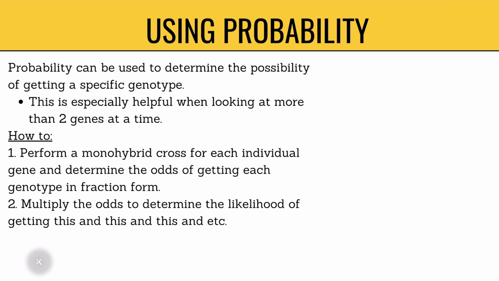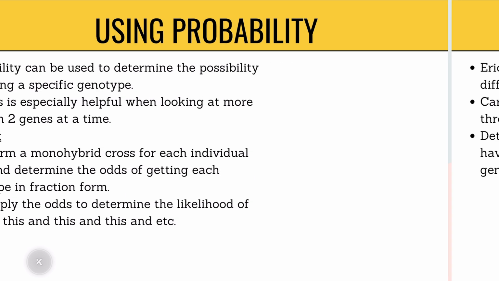So what I can do is perform monohybrid crosses for each individual gene and determine the odds of getting the specific genotype that I'm looking for in fraction form. So 1/4, 1/2, 0 out of 4, 4 out of 4. And then I multiply the odds together to determine the likelihood of getting this combination.